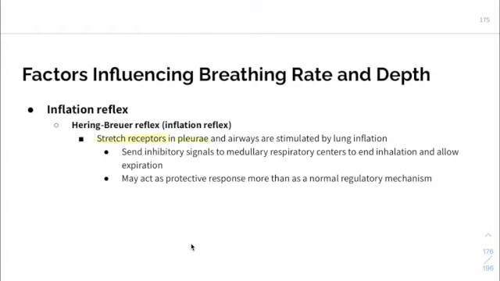When the lungs start to inflate with air, everything starts to stretch. And when everything starts to stretch, those lungs, that pleura, which causes your rib cage to expand, all of that is going to start sending inhibitory signals so we can breathe out. It says, okay, we've breathed in, now it's time to breathe out.